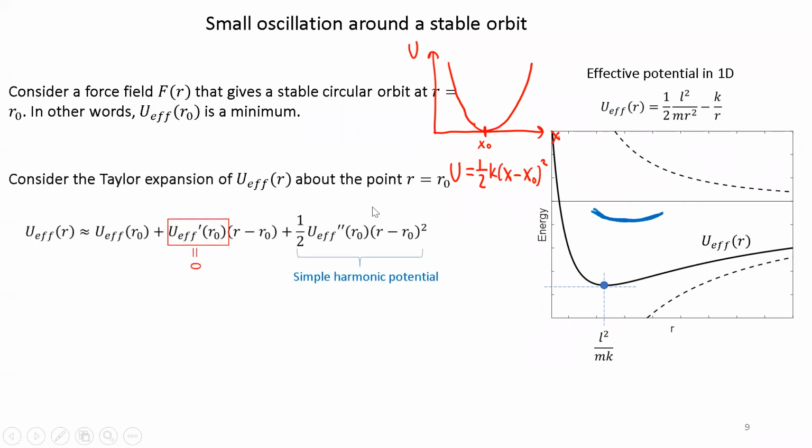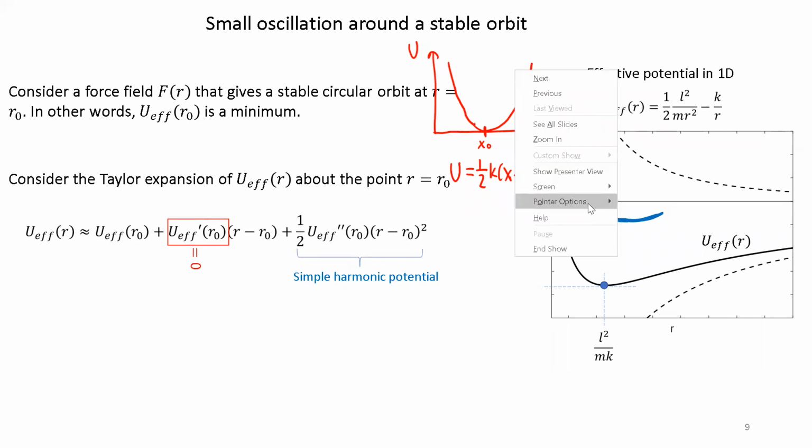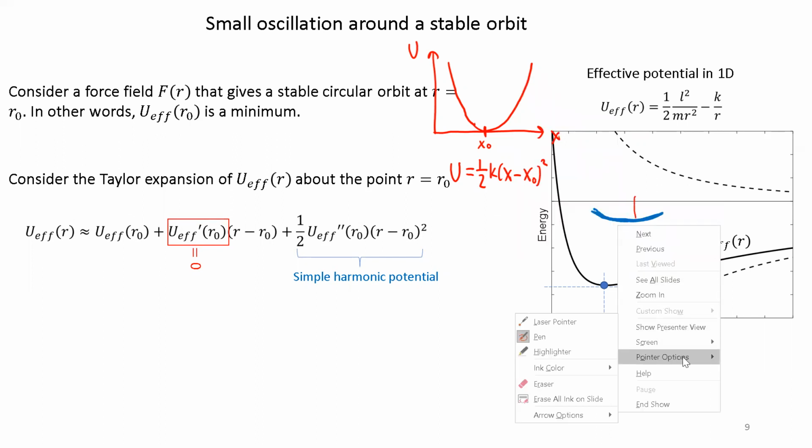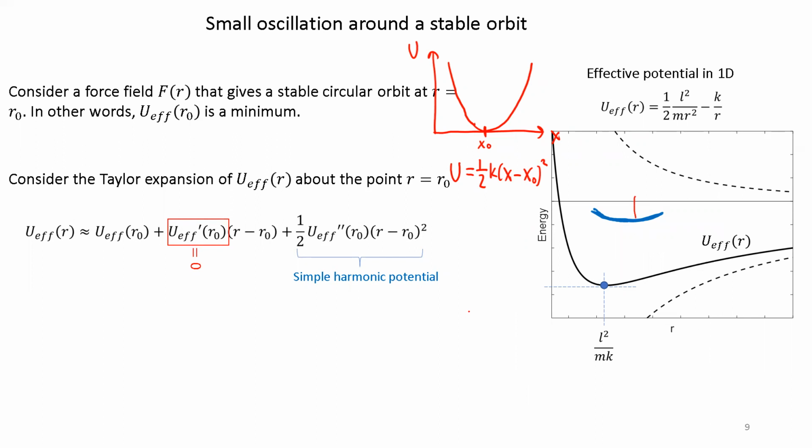If I do the Taylor expansion of this U effective around the minimum point, the first term is a constant term, the second term is with the first order derivative, and the third term is the one with the second order derivatives. The first term is just a constant, so don't worry about that.